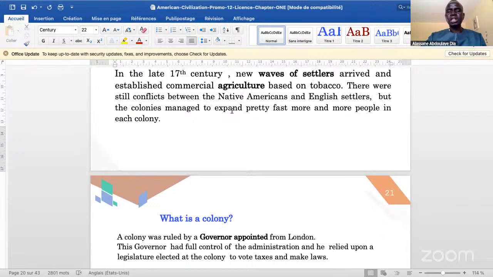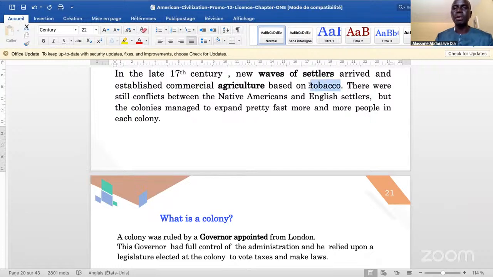In the 17th century, new waves of settlers arrived. They arrived and established commercial agriculture based on tobacco. So when these settlers arrived in America, as I told you, it was a very nice land, nature. So the land was profitable, and they started doing business, developing commercial agriculture.